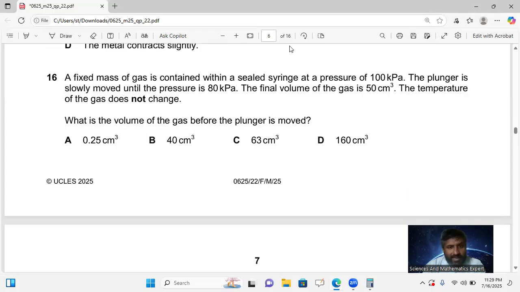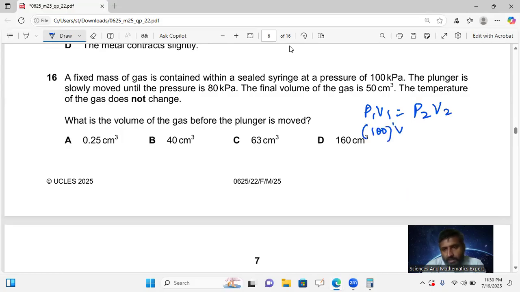A fixed mass of a gas is contained within a sealed syringe at a pressure of 100 kilopascal. The plunger is slowly moved until the pressure is 80 kilopascal. The volume is 50 cm cube. The temperature does not change. What is the volume of the gas before the plunger is moved? So P1V1 = P2V2. P1 is 100. V1 I want to calculate.